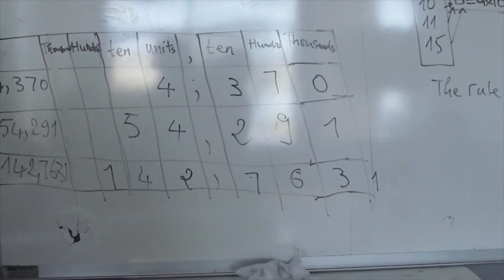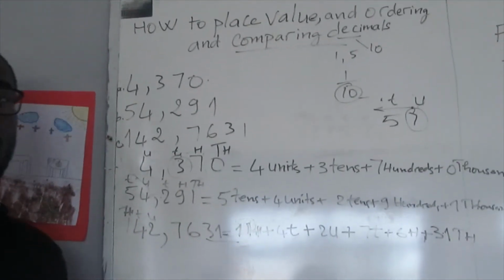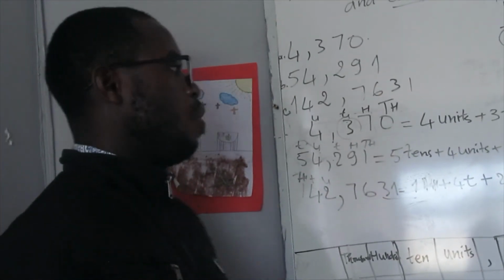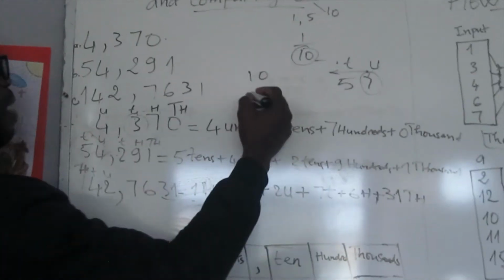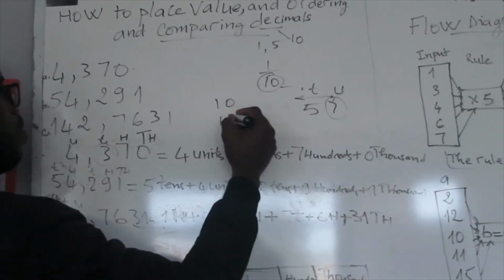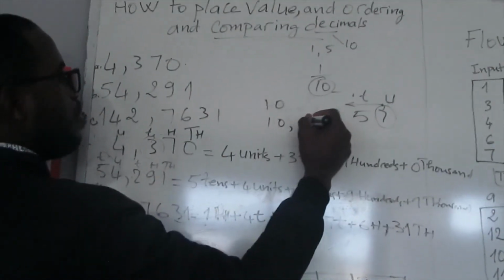This is how to place value a decimal number. We don't place value the decimal number the same as we do with the whole number, because a whole number is just a normal number without a comma. We talk about a decimal number when you have a whole number, a comma, and another number that starts after it.